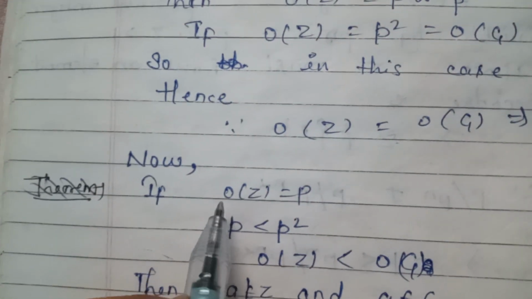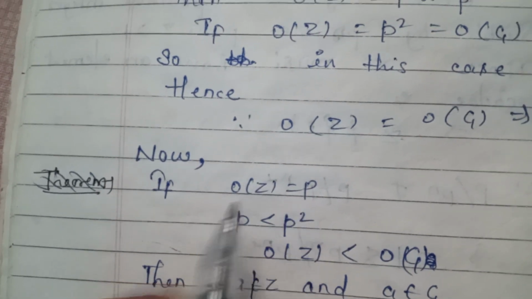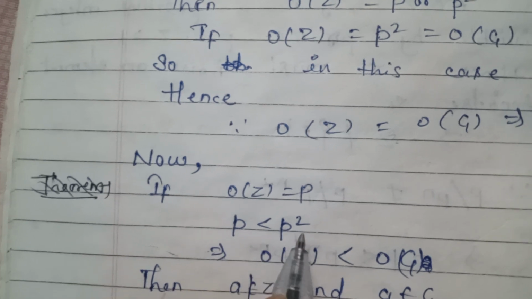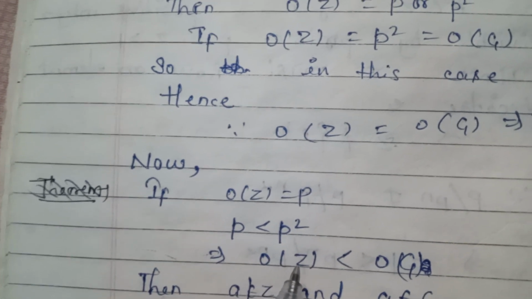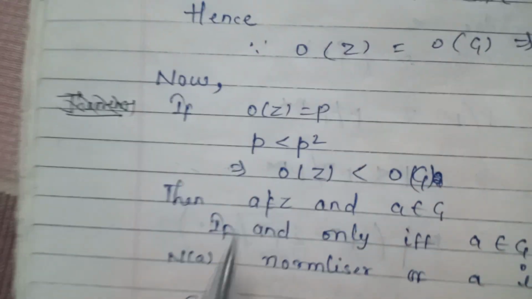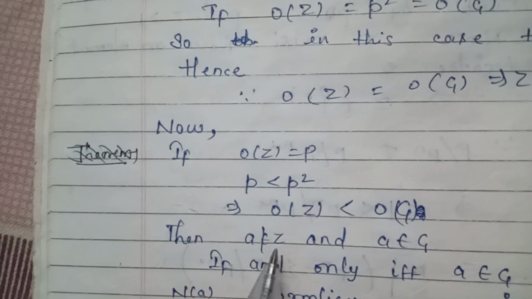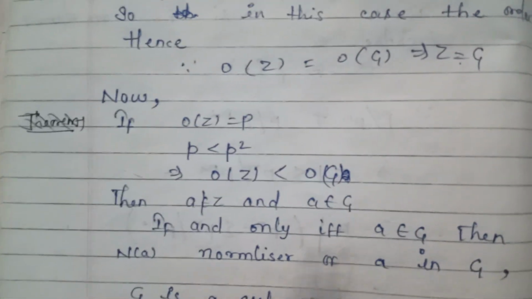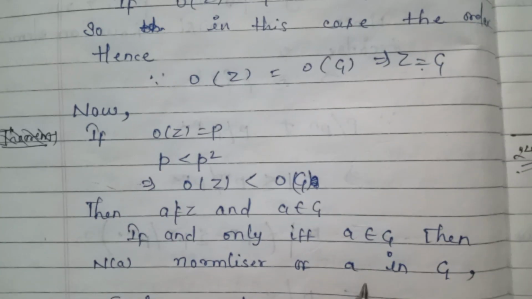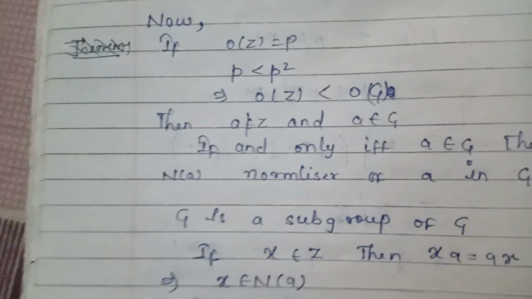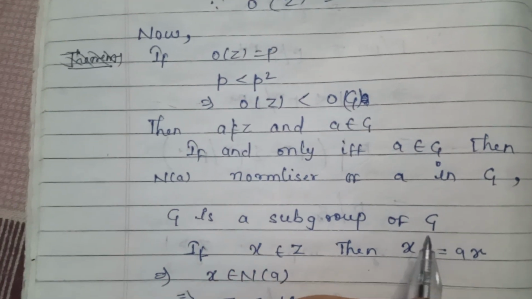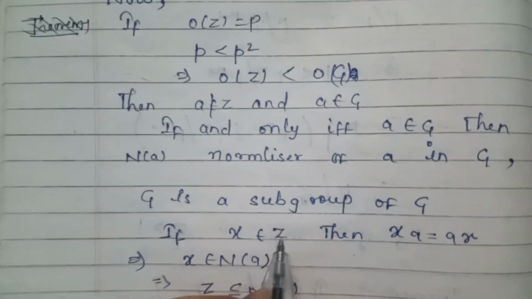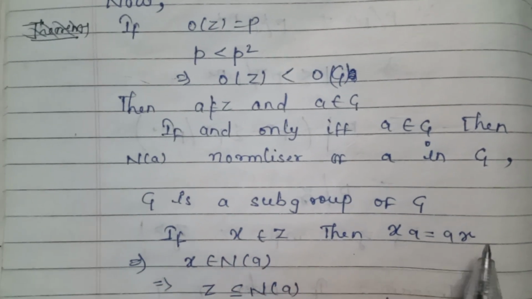Now if the order of Z is equal to p, so p is less than p squared, then the order of Z is less than the order of G. Then a does not belong to Z and a belongs to G. Then N(a), the normalizer of a in G, is a subgroup of G. If x belongs to Z, then xa is equal to ax.